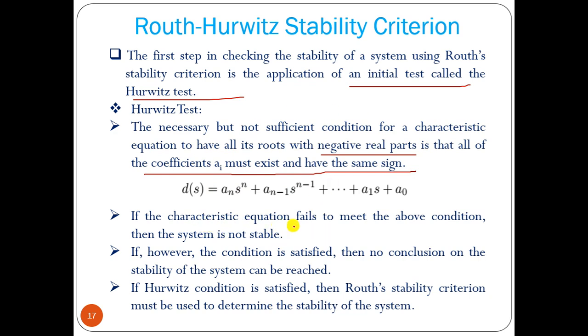If the characteristic equation fails to meet this condition, the system is not stable. That means we must have all the coefficients of S. If there is a missing term, the system is unstable. That is a necessary condition, but not a sufficient one. If, however, the condition is satisfied, then no conclusion on the stability of the system can be reached. For that, we have to apply the Routh stability criterion.